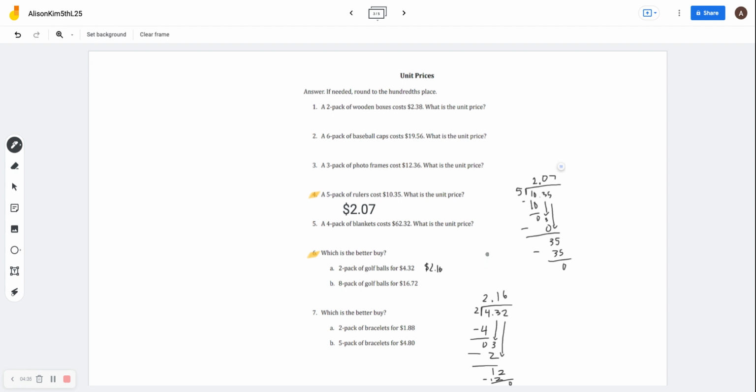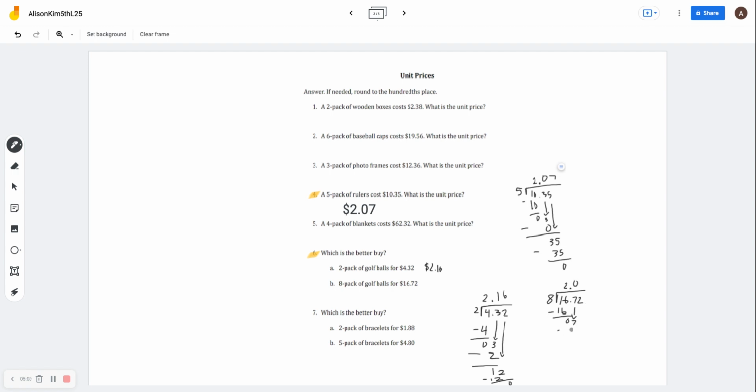Now let's try to figure out for part B how much it costs for 1 pack of golf balls. So we're going to divide 16.72 by 8. And we know 8 can go into 16 2 times, right? 16 minus 16 is just 0. Make sure to bring up our decimal point. Then bring down our 7. 8 cannot go into 7, so we're going to put 0.